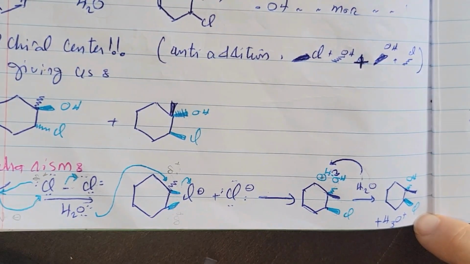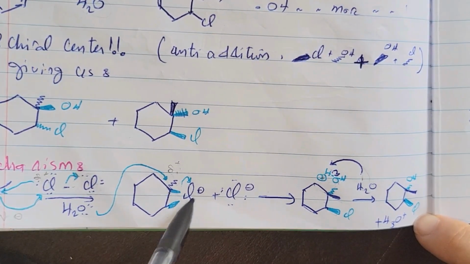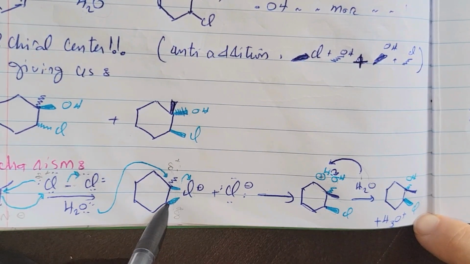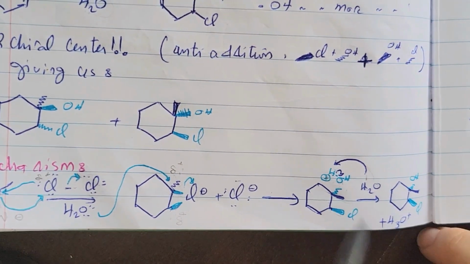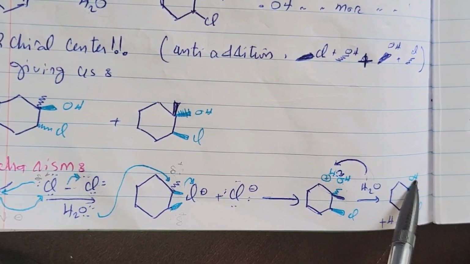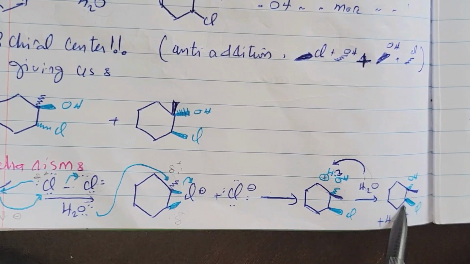So the bridge will break, a chlorine atom is going to stay on that carbon, and the water molecule is going to stay on this one. So here we have an OH, and here we have a chlorine atom. This is the first case.